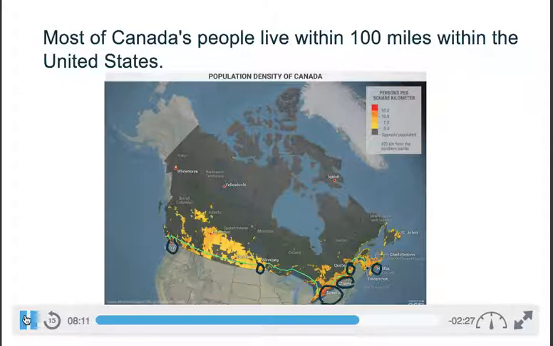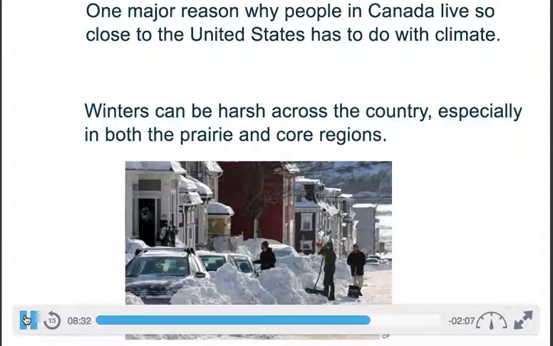And there's a very unique reason for this. A big part of it ends up being their climate. And that's what we're going to look at on the next slide. But take a look. These are some of the larger cities up above in the northern region, but very unpopulated.